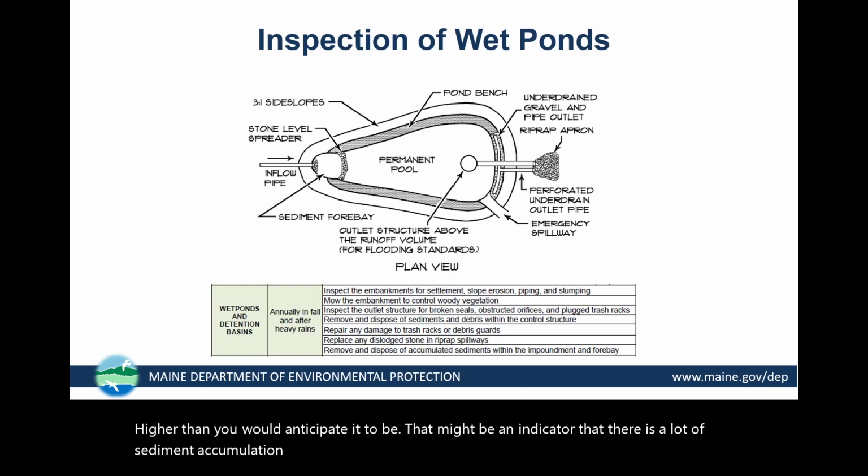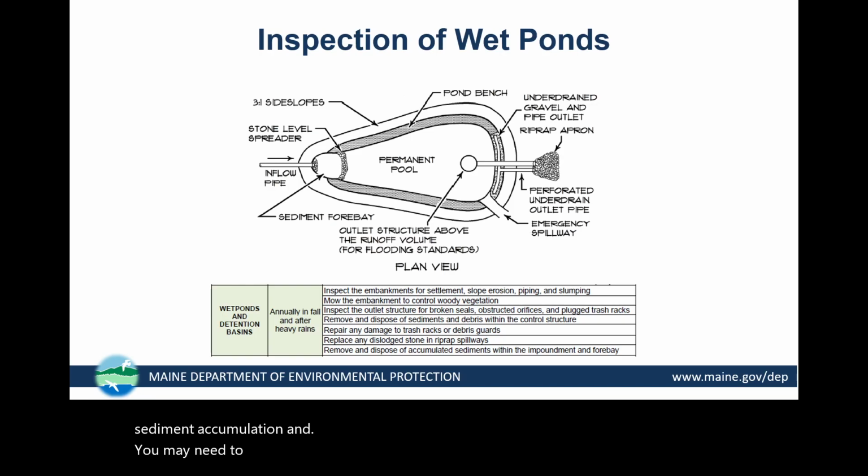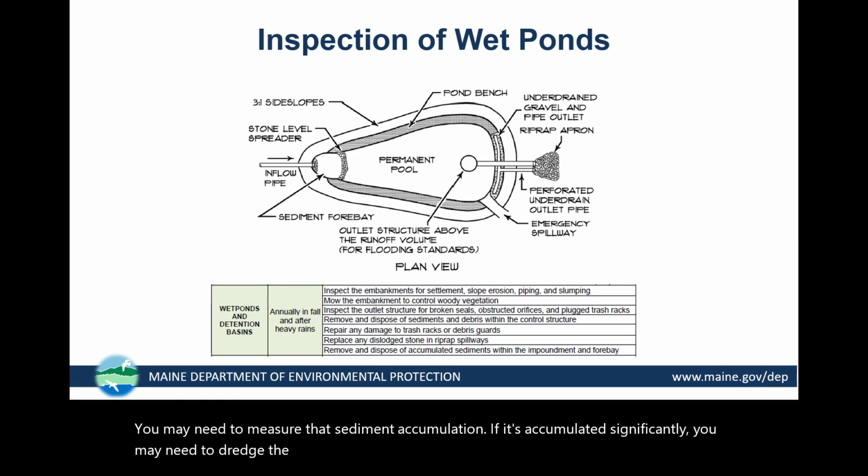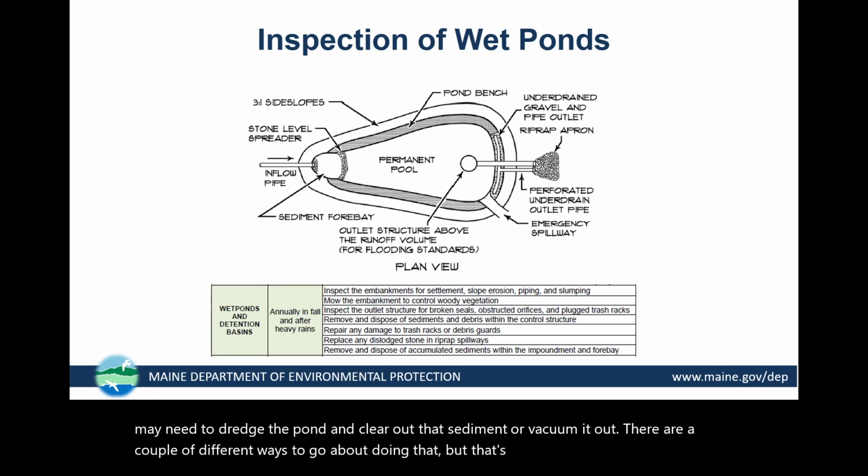And you may need to measure that sediment accumulation. If it's accumulated significantly, you may need to dredge the pond and clear out that sediment or vacuum it out. There are a couple of different ways to go about doing that, but that's something to consider.